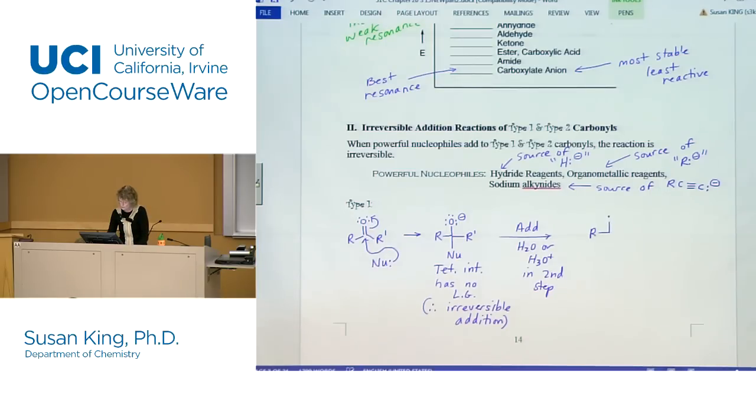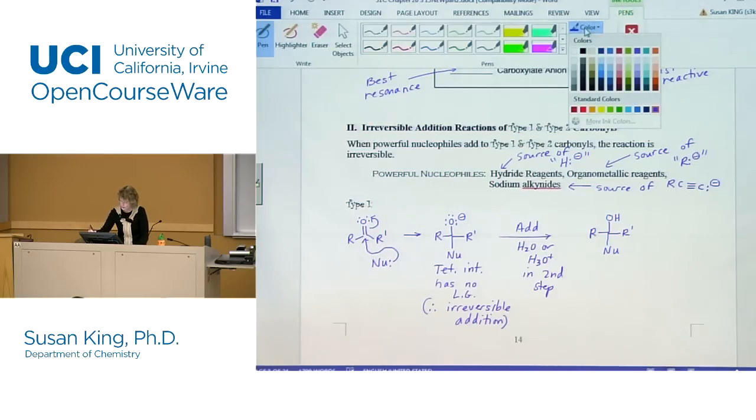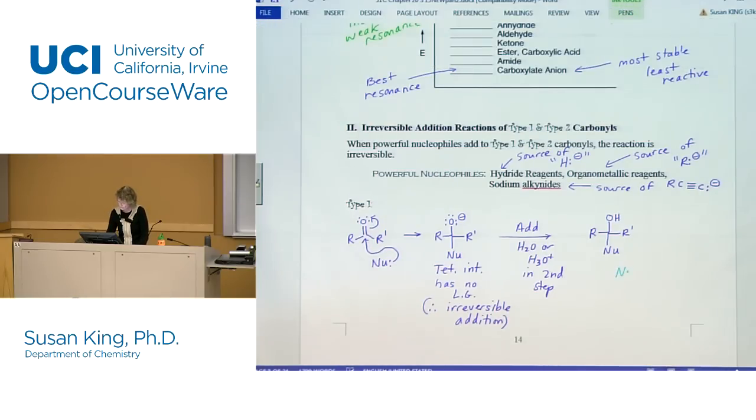So what we're going to end up synthesizing using the type 1 carbonyl compounds is alcohols. Our nucleophiles are here: H-, which I'll put in quotes because it's not really straight H-, and R-.